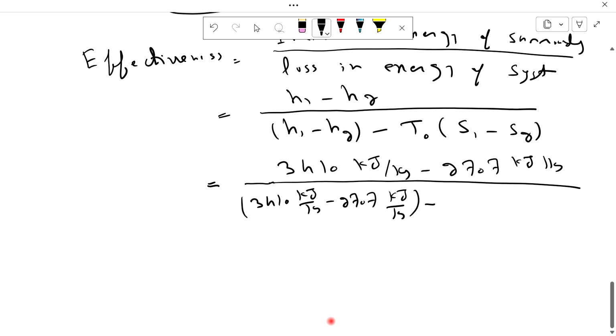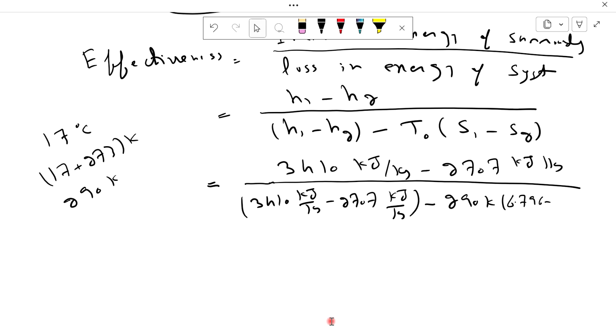T naught is 17 degrees centigrade, and in Kelvin this is 17 plus 273, which is equal to 290 Kelvin. This is the atmospheric temperature. And S1 minus S2: S1 is equal to 6.796 minus S2 is equal to 7.127, and the unit is kilojoule per kilogram per Kelvin. This Kelvin will be cancelled with Kelvin.